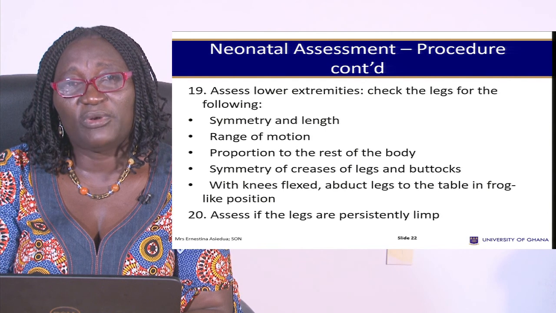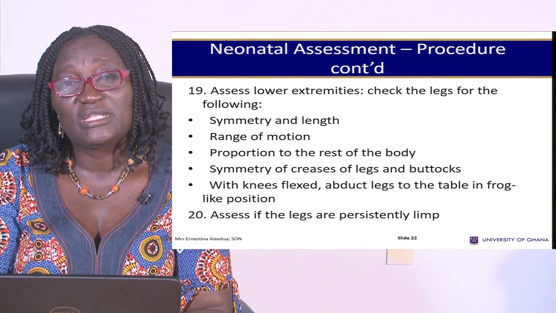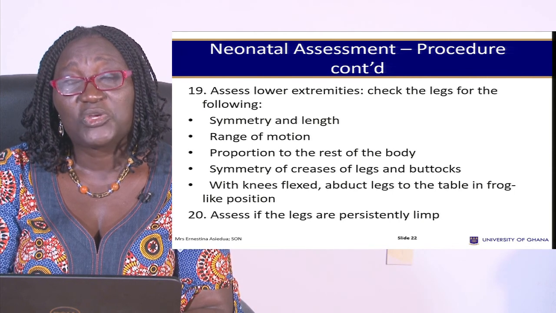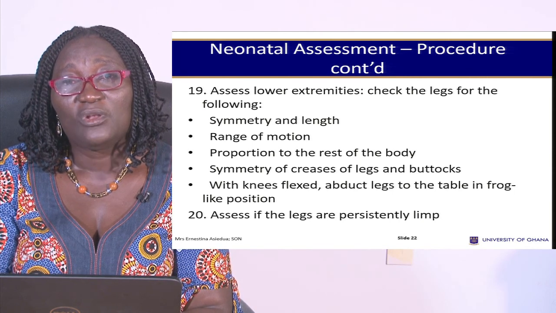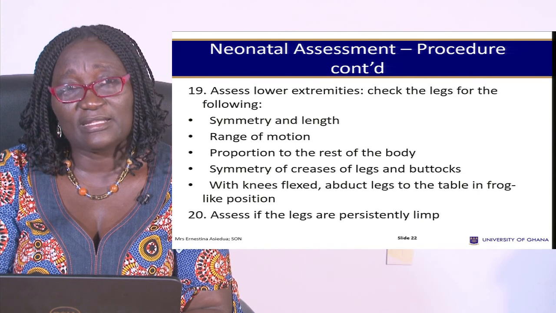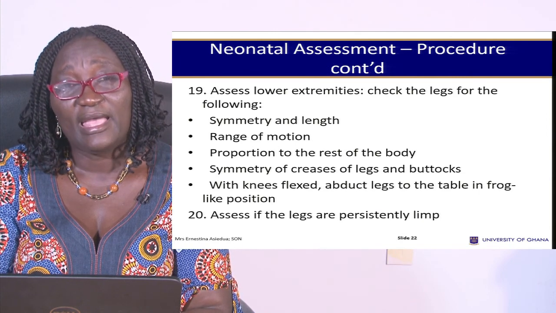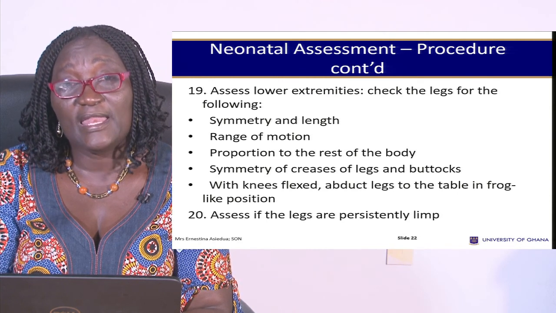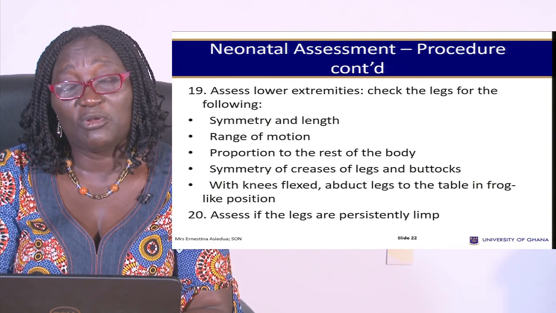Proportion to the rest of the body, the symmetry of creases of legs and buttocks. Remember that the creases in the lower extremities are also significant, just as the creases in the upper extremities, because they can also denote any congenital abnormality.